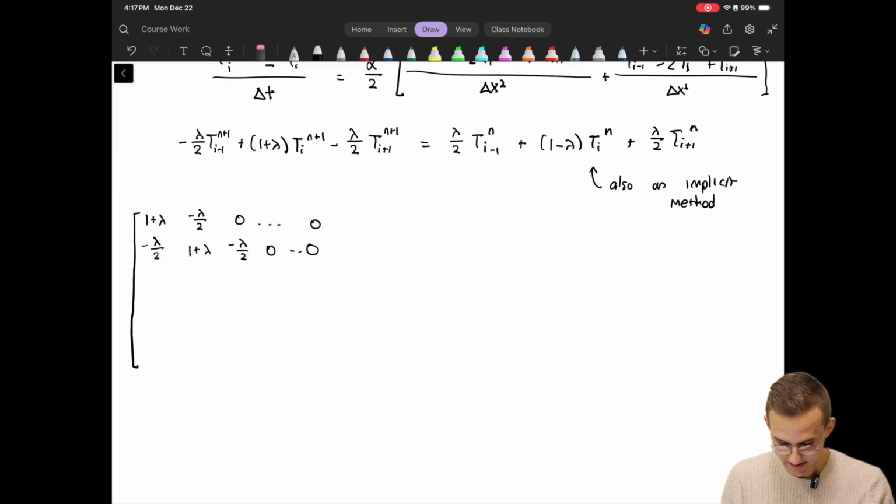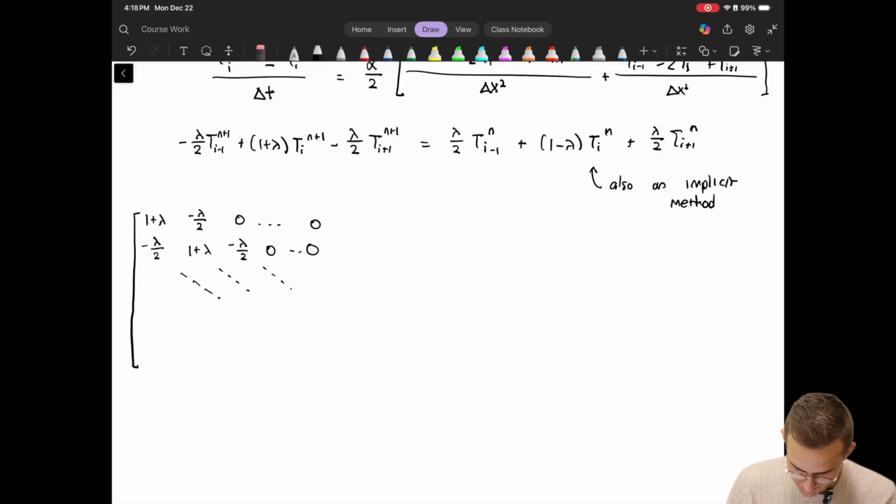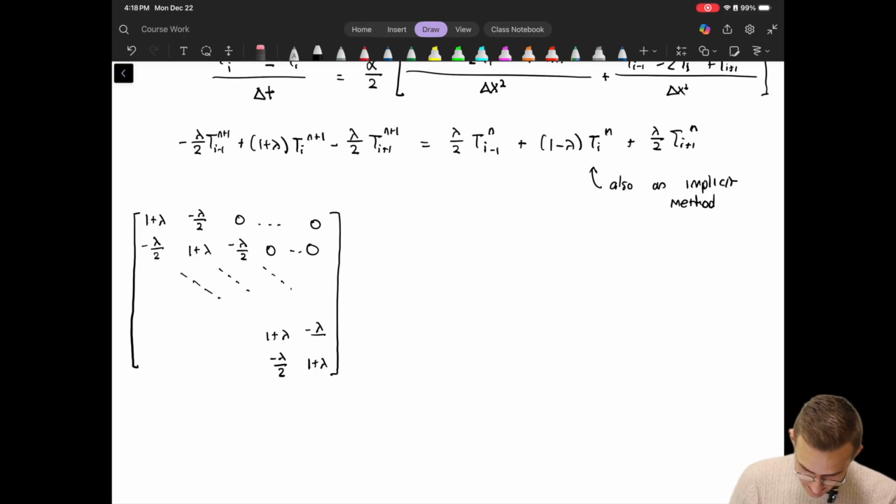We extend those down a diagonal. The last two rows are what you would expect: 1 plus lambda as the last entry, then a minus lambda over 2 next to it. So essentially zeros, all except for the three diagonals.